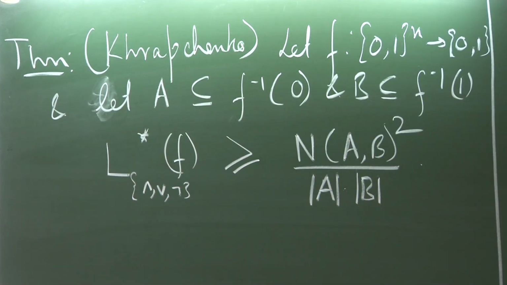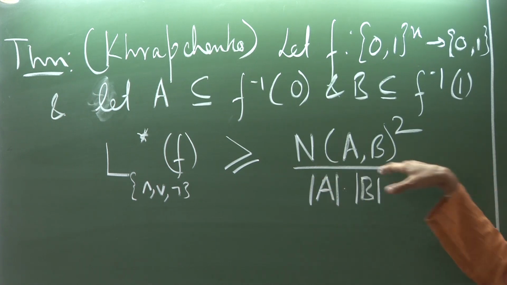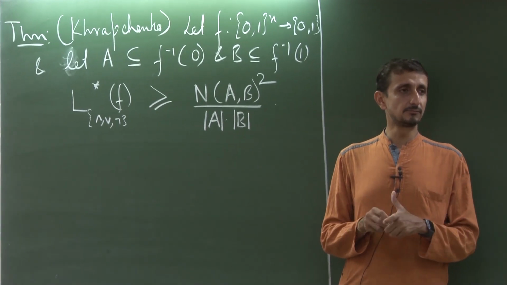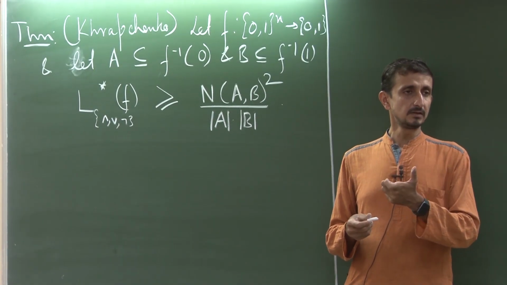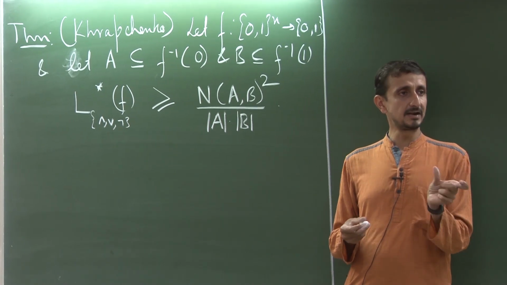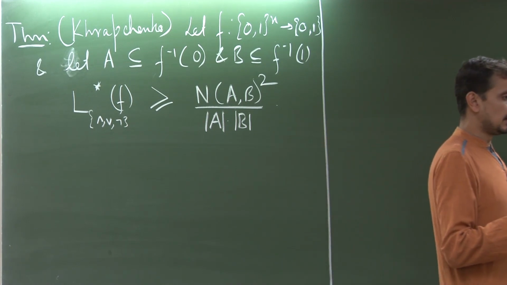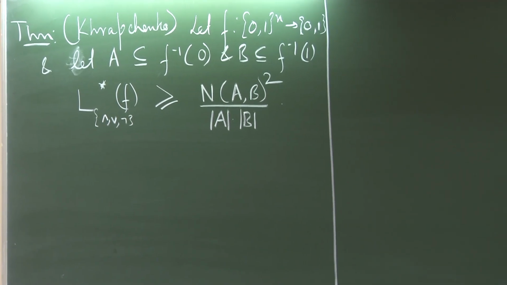Let us try to understand this once more. N(A,B) is basically the number of tuples from A cross B. The first element of the tuple is from A, the second element is from B, of the form sigma comma tau, such that the Hamming distance between sigma and tau is exactly 1. Intuitively, these are two strings which are almost the same except that they differ in exactly one bit.